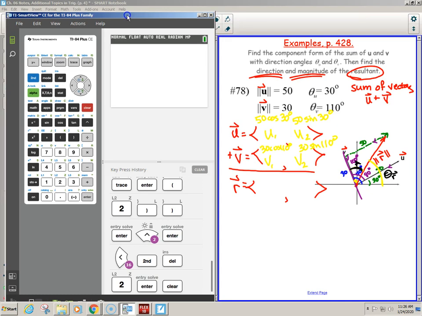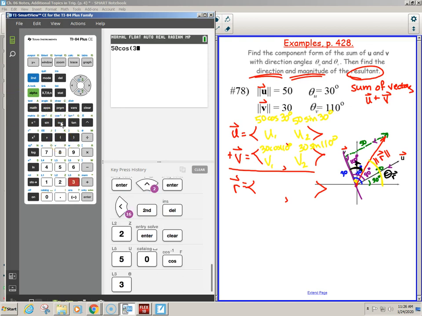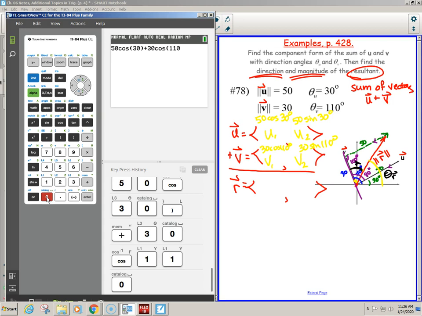So if I'm trying to add all this, couldn't I just do 50 cosine 30 plus, who would it go together with? 50 cosine 30 would go together with the bottom one, which is 30 cosine 110. Look, I don't have to write all the decimals to just add them together and have the components.